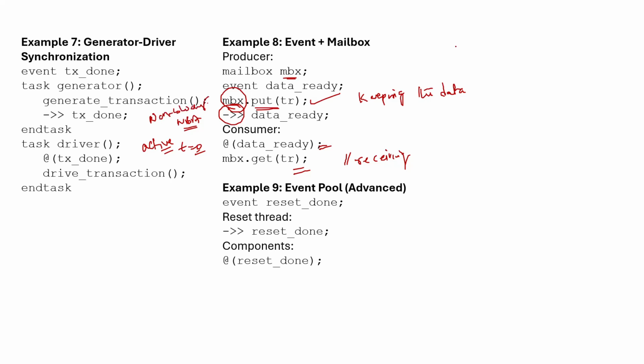So in timestamp we are waiting, right? This is active, this is inactive, this is NBA region and this is postponed region. The NBA region will happen after the active event.